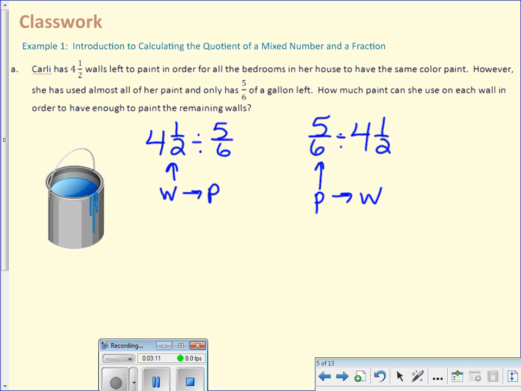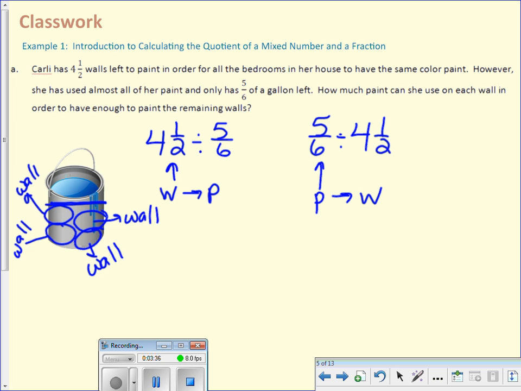Everybody? Paint. Right, so she has this can of paint. It's about 5/6 of the way full. It's almost full. So now she has to take a scoop and put it on that wall, a scoop to put on that wall, a scoop to put on that wall, and a scoop to put on half a wall. So she has 5/6.